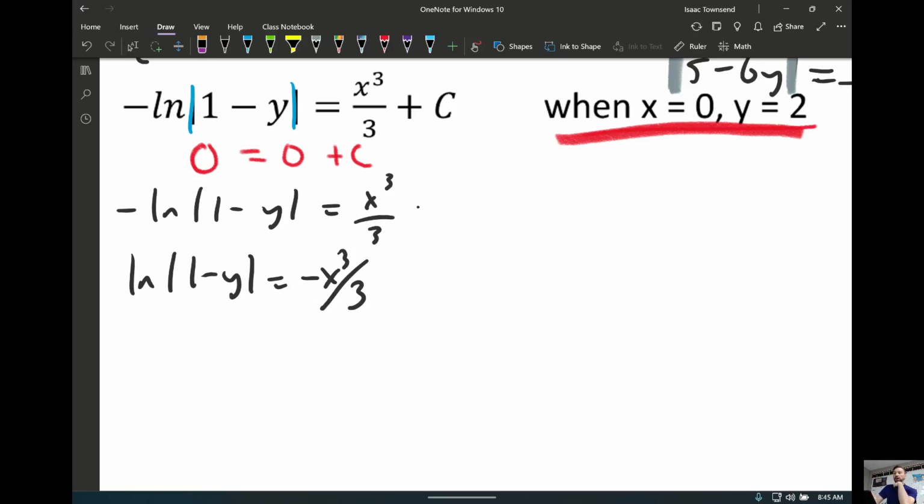It's natural log of this stuff. So there's only one way to dig this y that we're trying to solve for out of this, and that's with exponentiating. Make both sides the exponent on e, because now the left side is e to the log base e of some stuff. So from that log property, it just becomes this stuff.